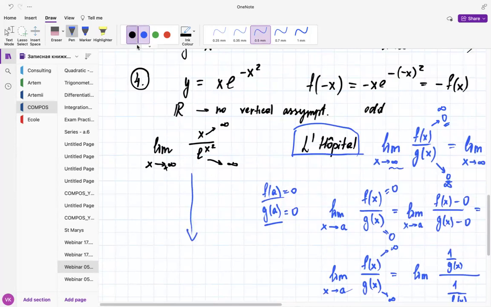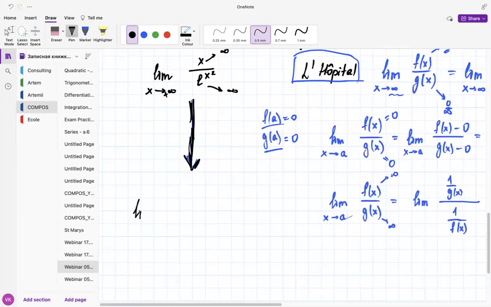So let me come back to the black ink, let me come back to the function I had. Okay, so we're looking at the limit of x approaching infinity of the function x over e to the power of x squared.